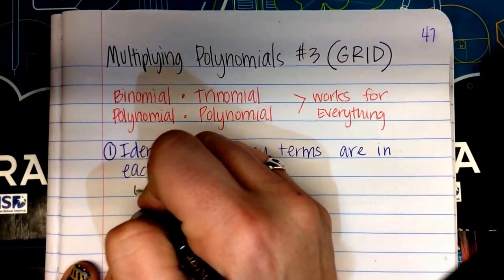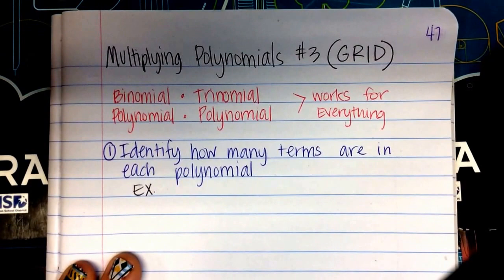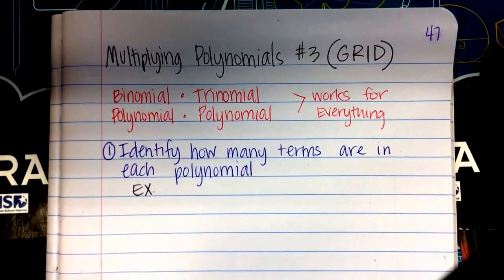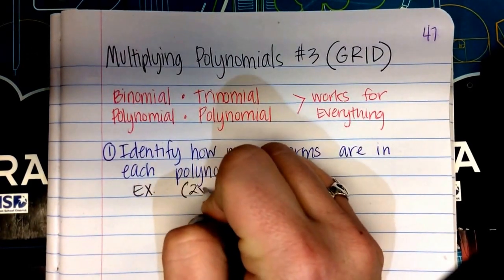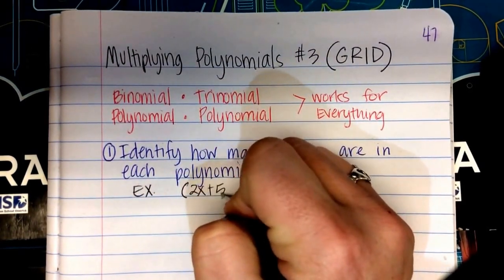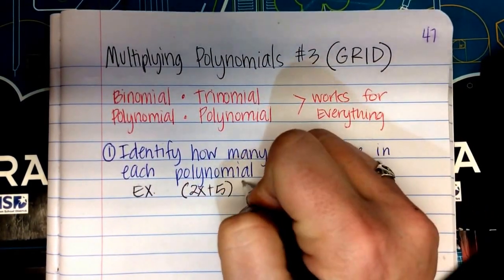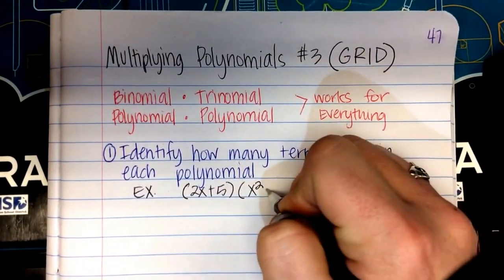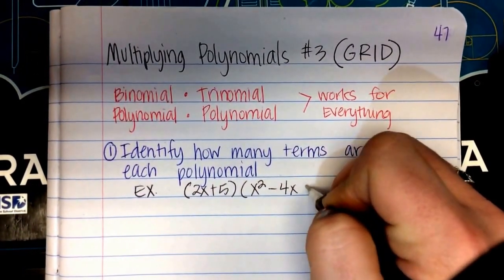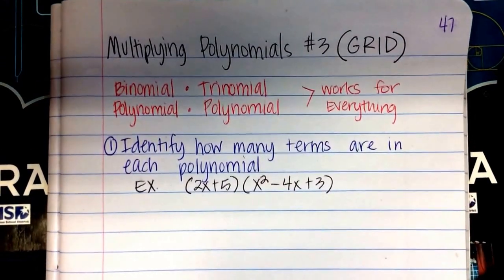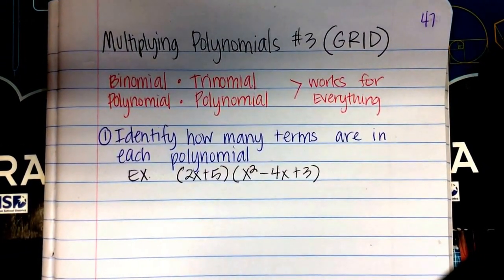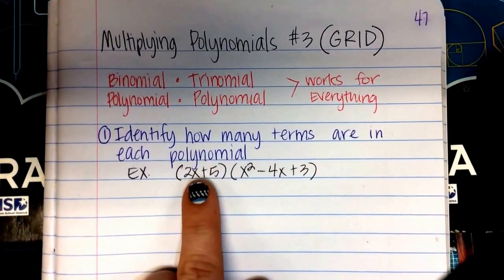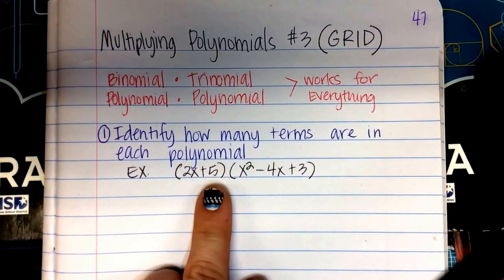For example, if this is your problem, 2x plus 5 times x squared minus 4x plus 3, you identify how many terms are in this first polynomial.